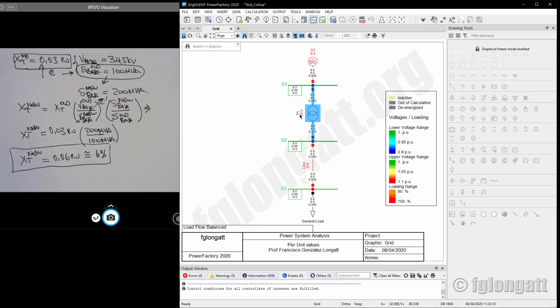If you change the base of that transformer from 100 to 200, you must take the responsibility to fix and correct the reactance of that transformer. That means if you are using 100 MVA, you need to use 3%. But if you are using 200 MVA, you need to use 6%, okay?